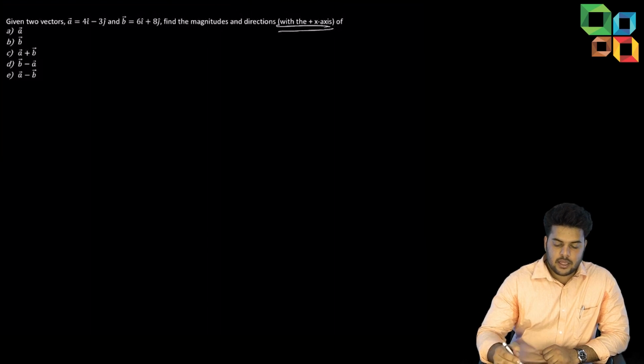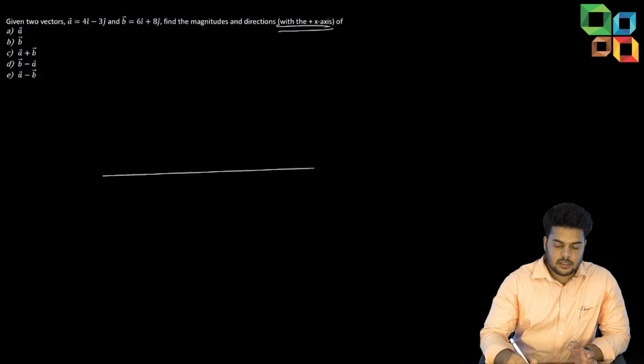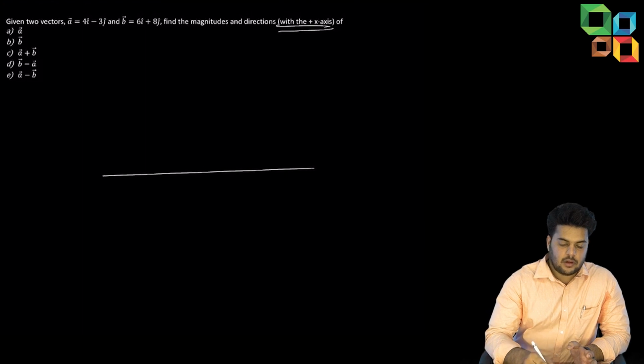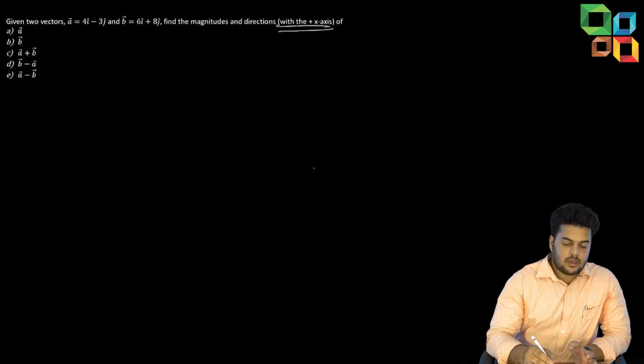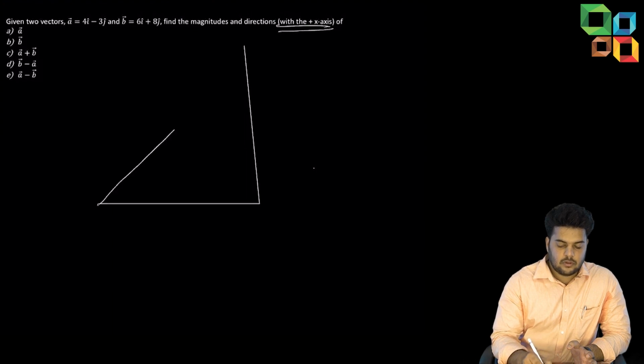In 6, 8, what are the angles? So 90 degrees, approximately 53 and 37. This is similar to the 3, 4, 5 triangle, isn't it? So angles are the same. Correct, Tripti? Yes, sir. So 3, 4, 5.